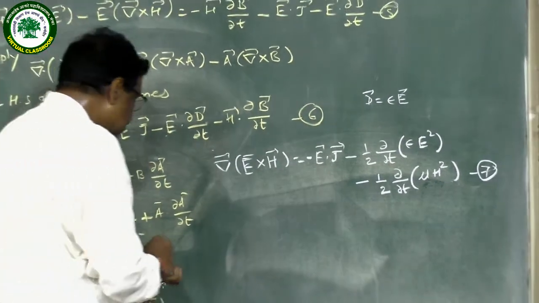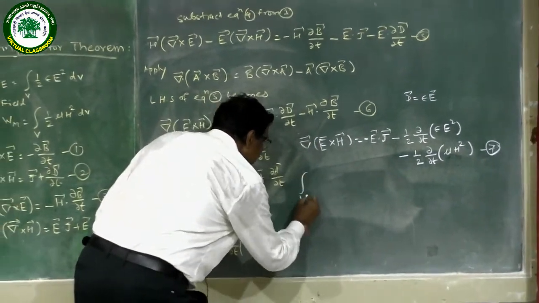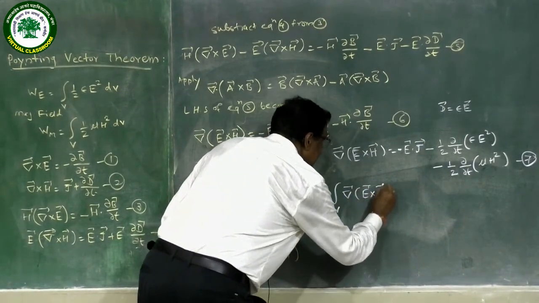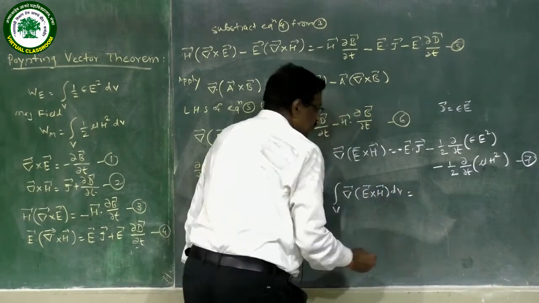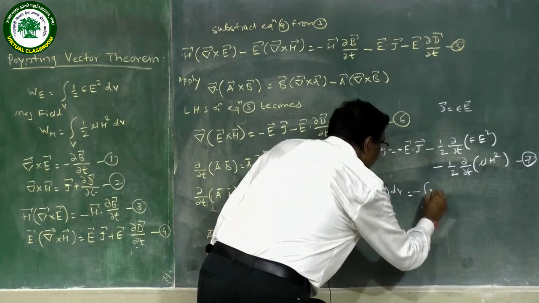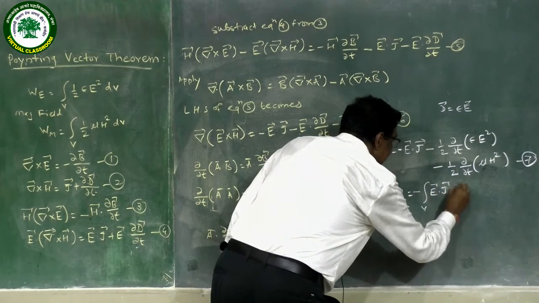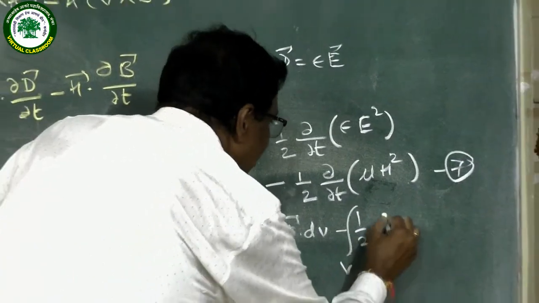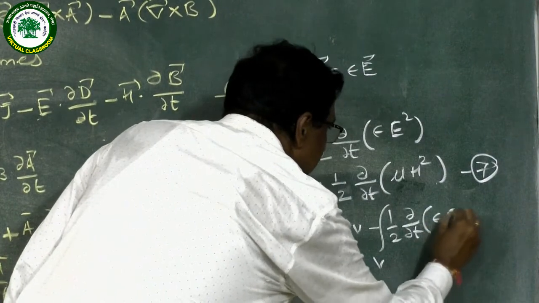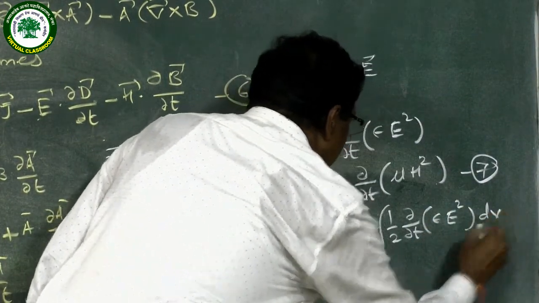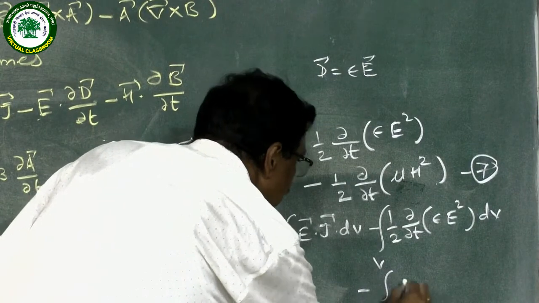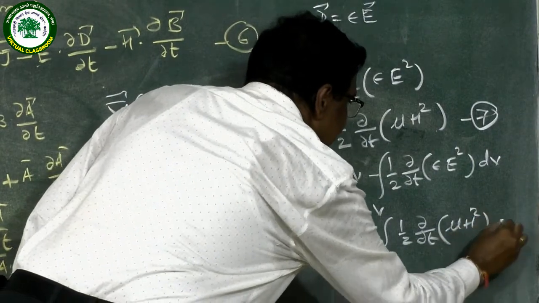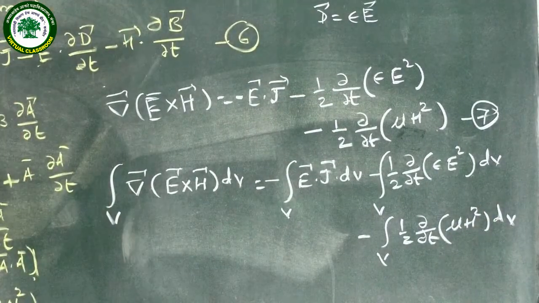So we have the integral over V of the divergence of E cross H into dV is equal to minus the integral over V of E dot J into dV, minus the integral over V of 1/2 of the time derivative of epsilon E square into dV, and minus the integral over V of 1/2 of the time derivative of mu H square into dV.